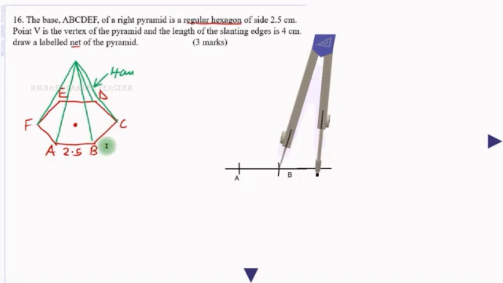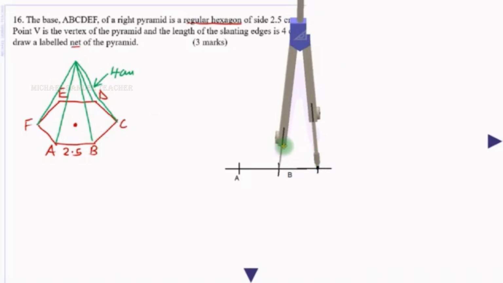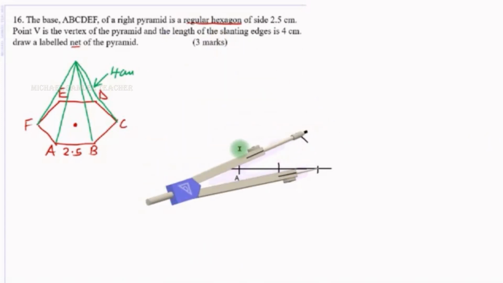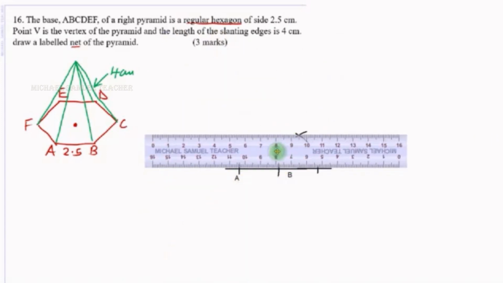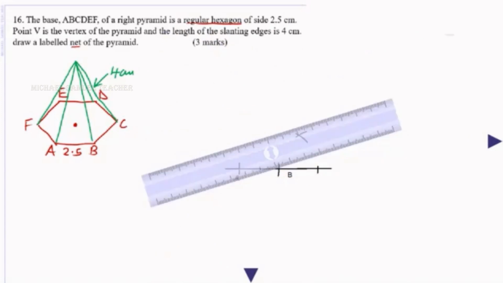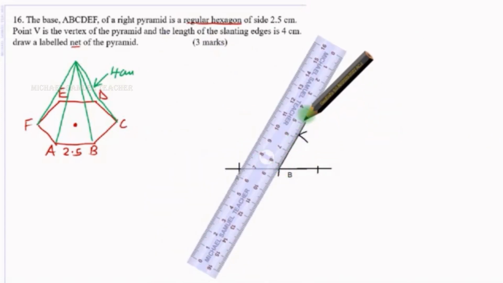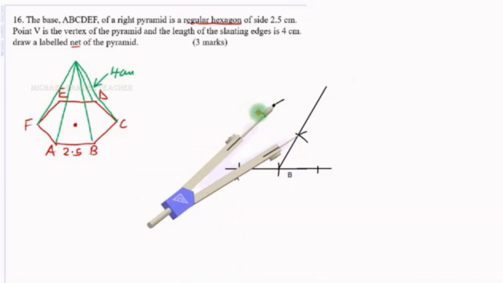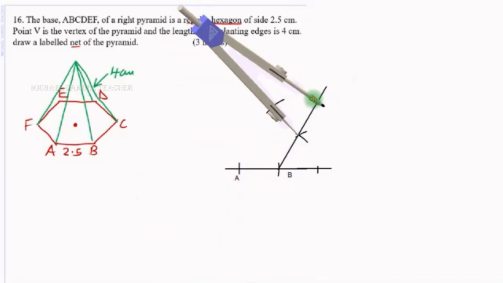So we construct an angle of 60 degrees at B, which will be external. So then we locate point C. So we shall do the same process for all the 6 sides, ensuring that each side is 2.5.